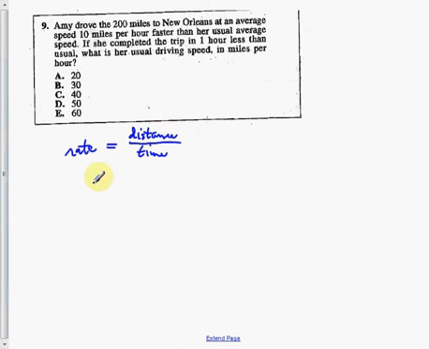If that's the case, then distance, multiply both sides by time, I get the rate times the time is equal to distance. So distance is equal to rate times the time.